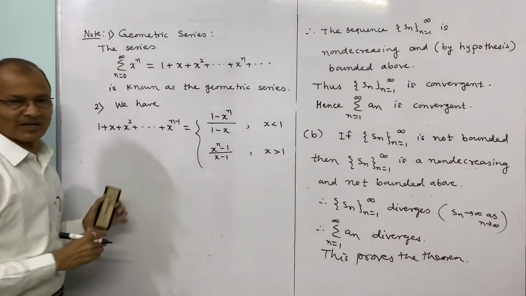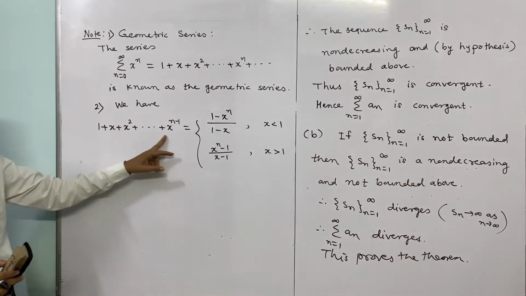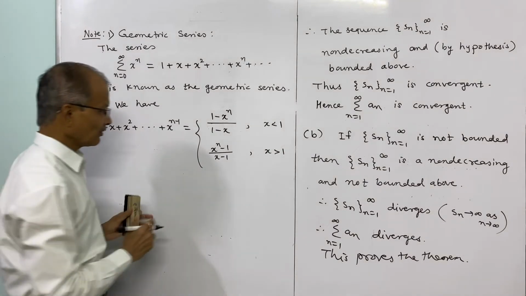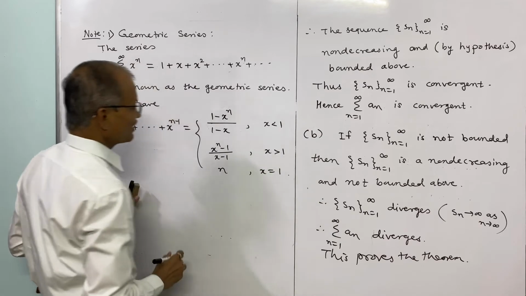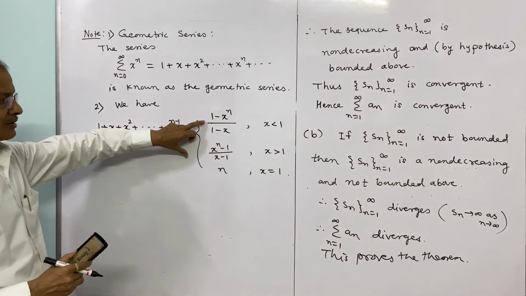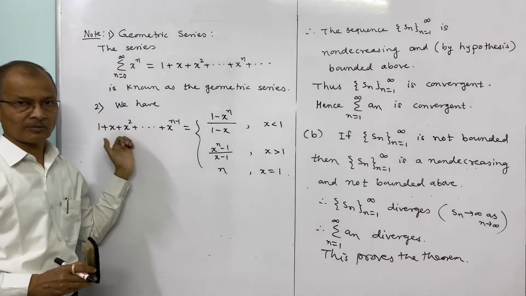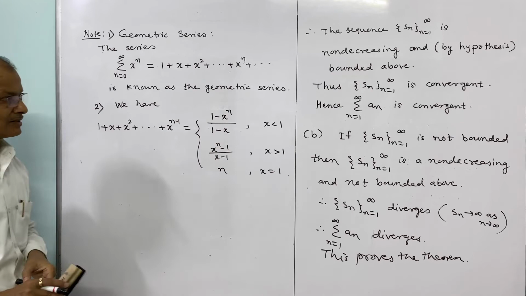And what if x is equal to 1? What will be this sum? It is obvious. If x is 1, each term becomes 1, and how many terms are there? n terms. So this will be exactly n if x is equal to 1. So actually we want to use this first result: the sum of the first n terms of this geometric progression is 1 minus x to the power n divided by 1 minus x.